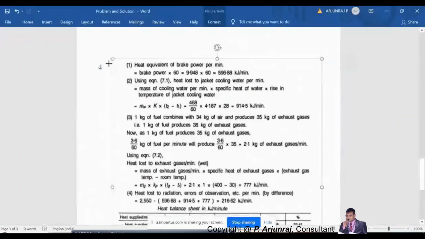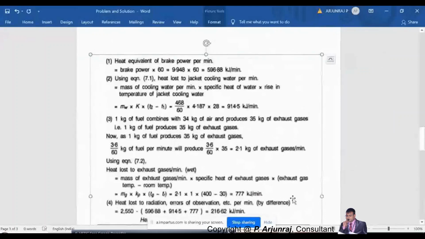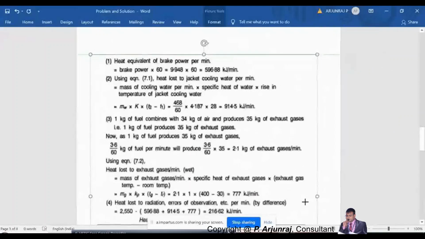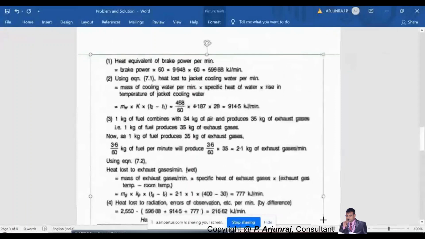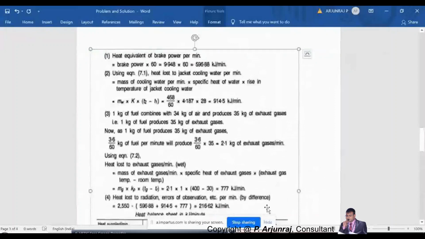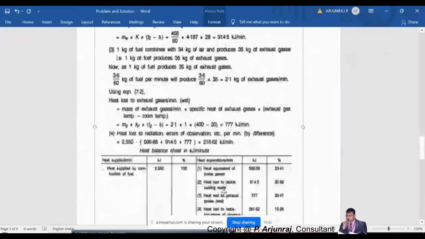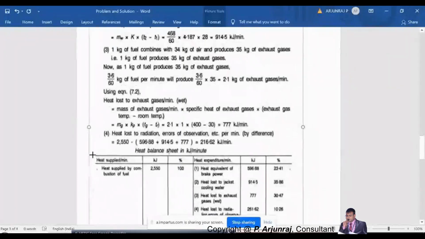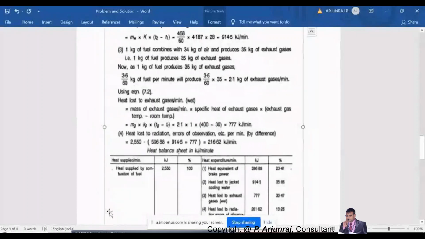I hope it is visible. Yes, the alignment is getting changed actually.